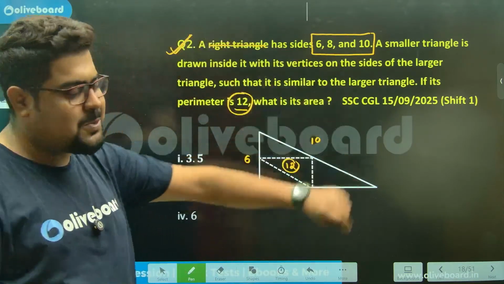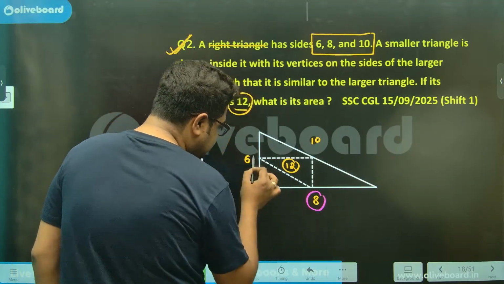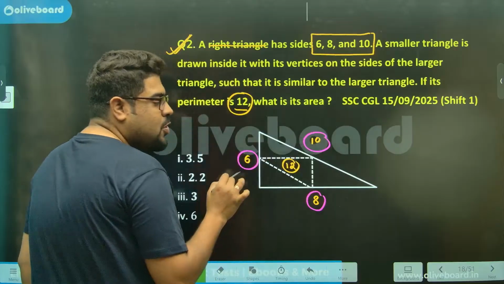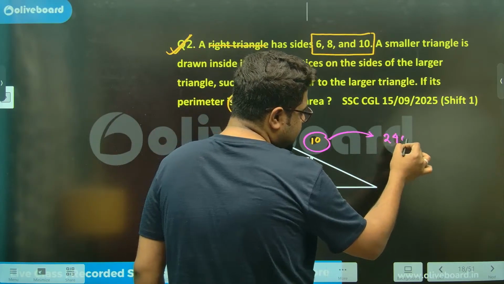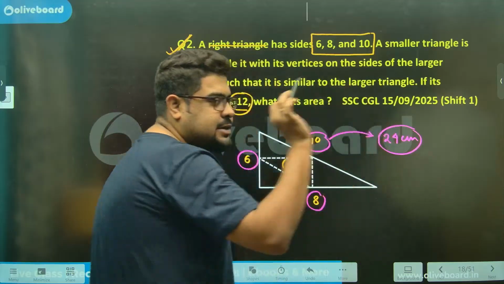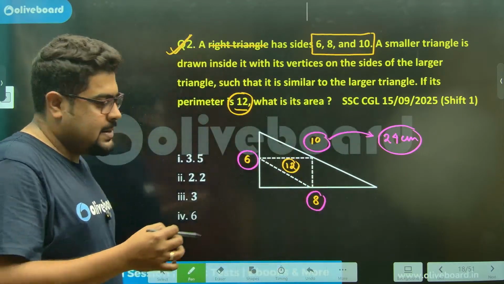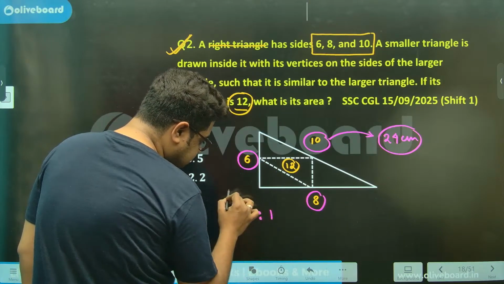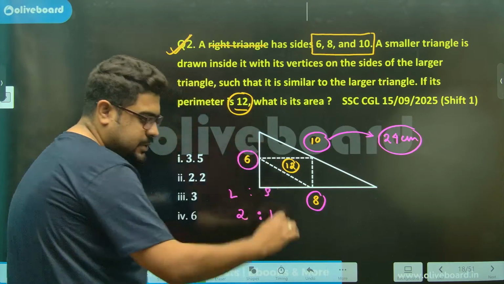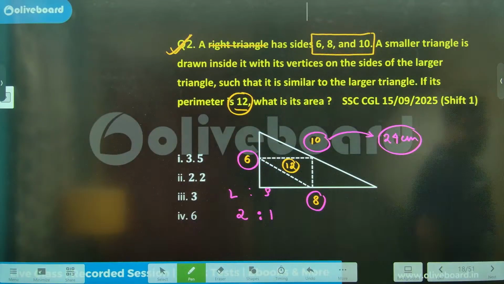Now look at one very interesting thing, sir. 8 plus 6 plus 10, what is the perimeter of the larger triangle? 24. So the ratio of perimeters, larger to smaller, is 2:1. Can I say this, everyone? Yes, you are correct.